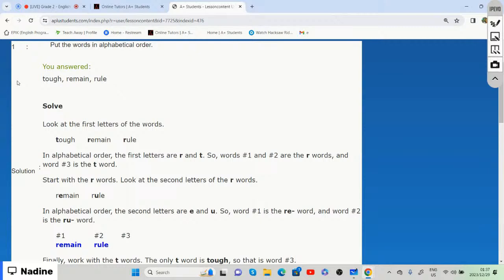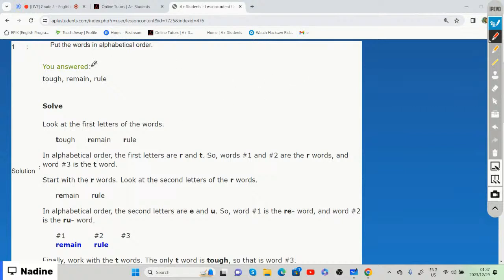But then we need to look at the second letter. So if we put these words in alphabetical order, we first say R-E, then R-U.